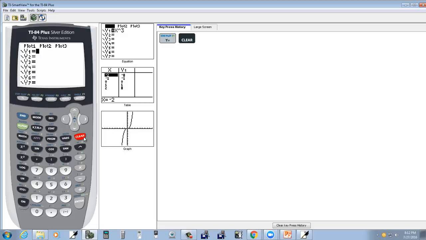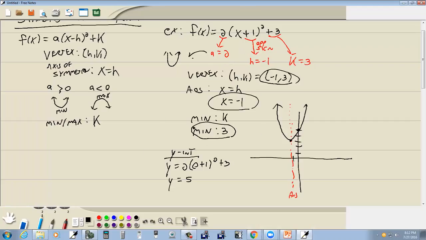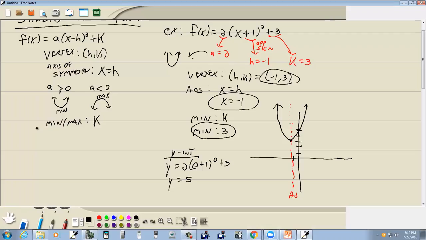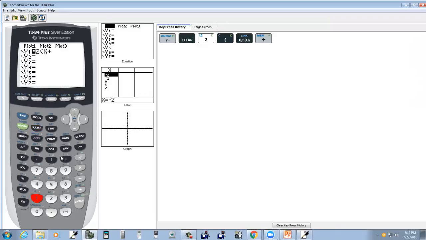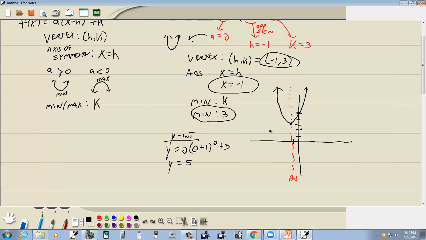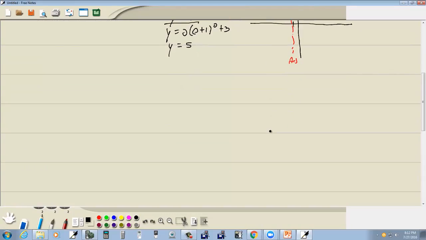We press y equals, we press clear. And then I'll do 2, open parentheses, x plus 1, close parentheses squared, plus 3, and then graph. And that'll give you your graph. So pretty easy to do by hand, but also even easier on a calculator. They're not always so easy to do by hand.